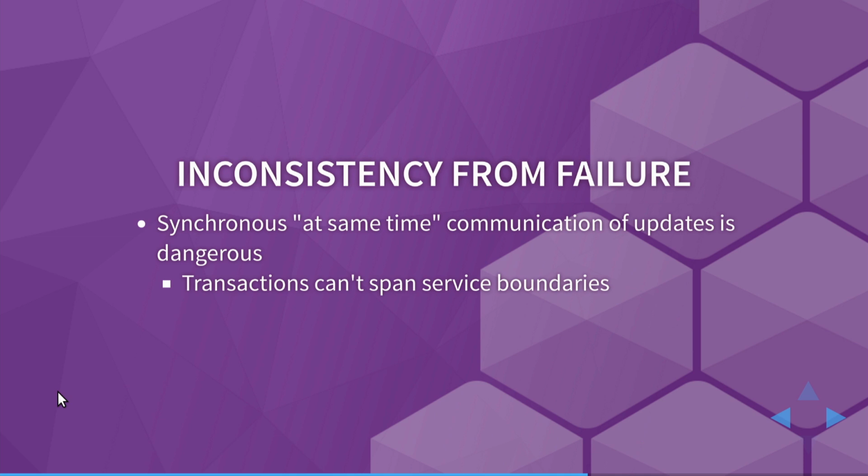So the item service creates the item and then tells the bidding service to start the auction, and that will be done in the same transaction and it's all happy. But transactions can't span service boundaries. You certainly don't want to try and use two-phase commit, for example, across an HTTP request.